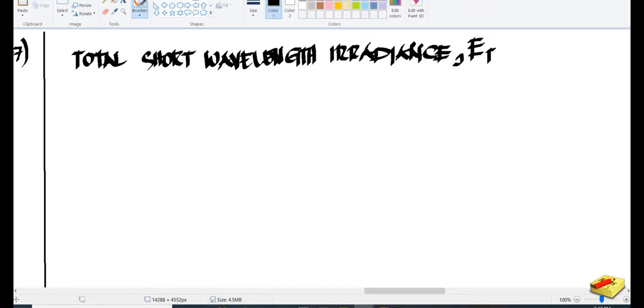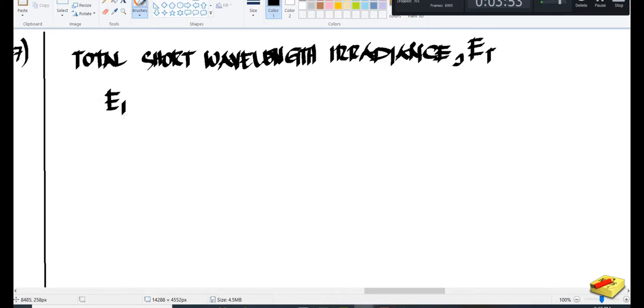So I will be introducing the total shortwave irradiance. We have the symbol ET. Then we have your equation. This is defined as ET, total irradiance, is equal to EDN.